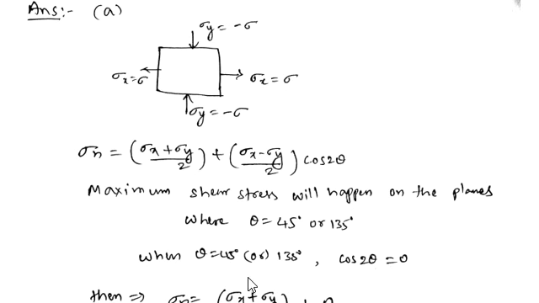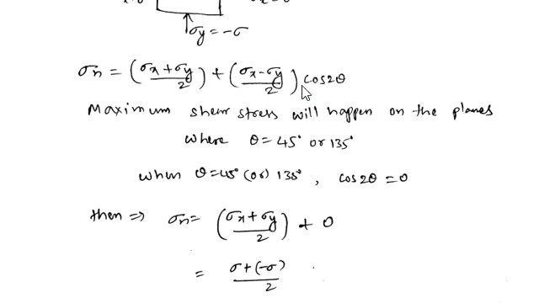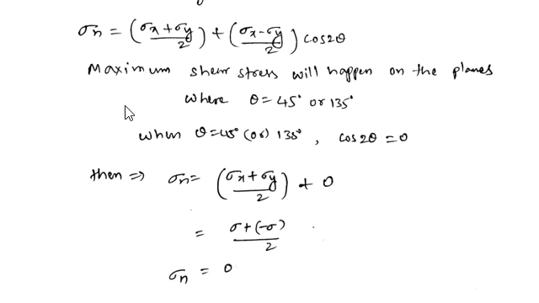Why? Because when theta is 45, cos 2 theta means cos 2 into 45, cos 90. We know cos 90 is 0, and cos 270 is also 0. So this term will be 0. If this is 0, this total term will be 0, and the remaining term for normal stress will be sigma X plus sigma Y by 2 only.